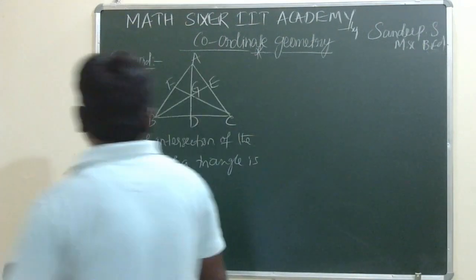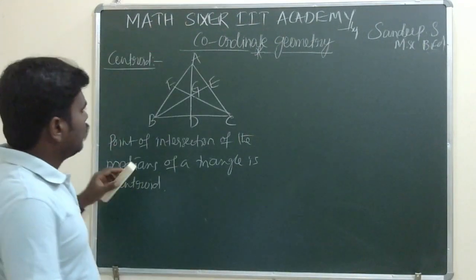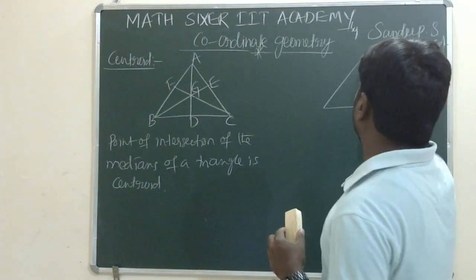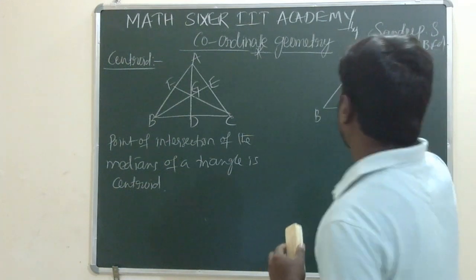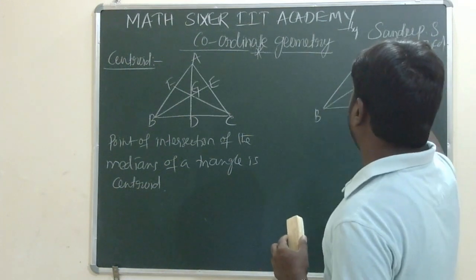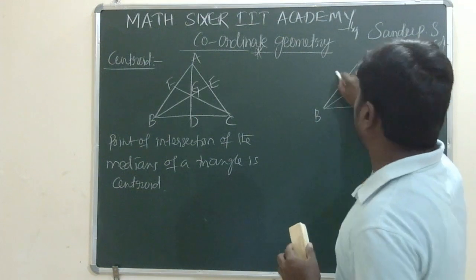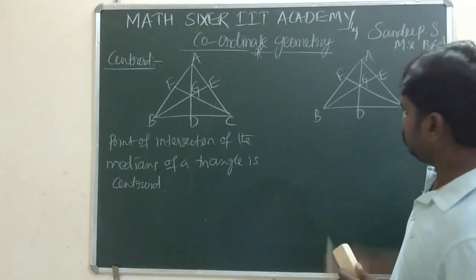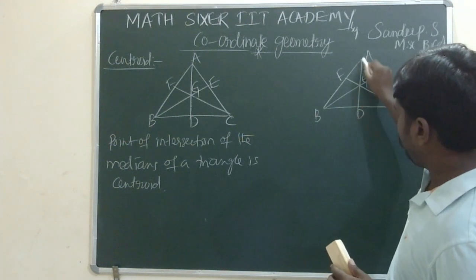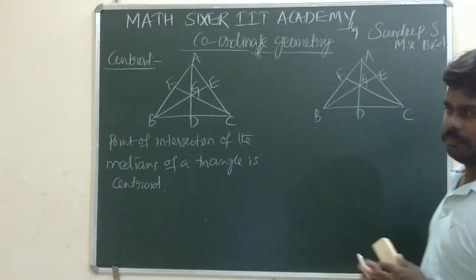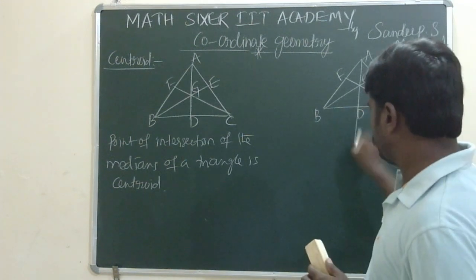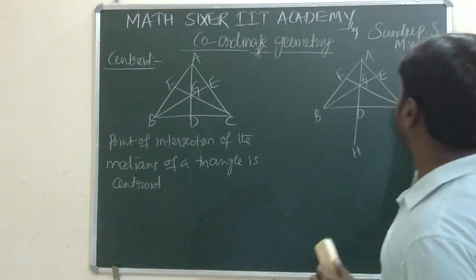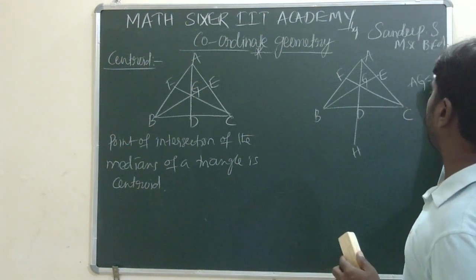Now here, I will draw the diagram again. ABC, D, E, F, okay, and this is G. So now what I am doing here is extending the side AD up to some point, suppose H, such that AG is equal to GH.